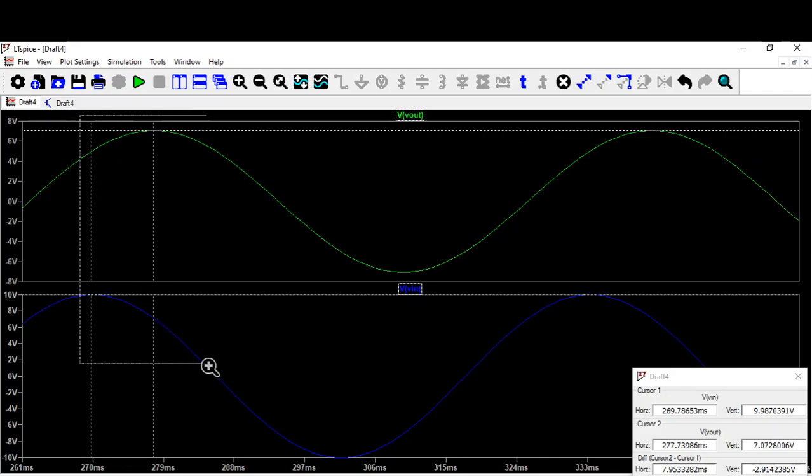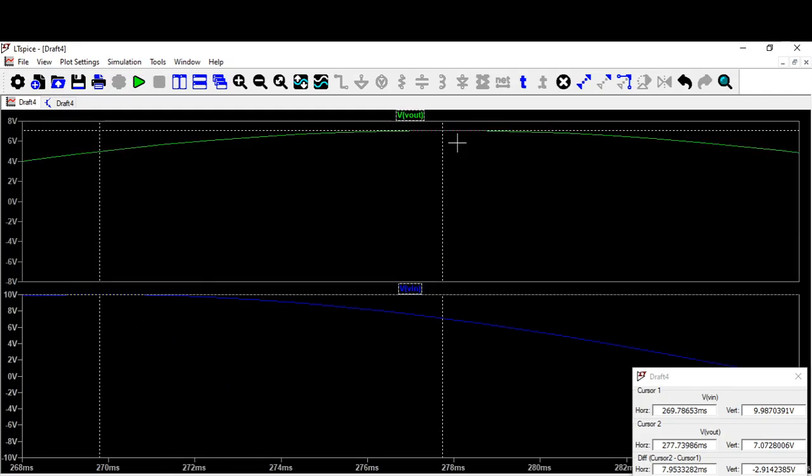Now I am putting one at the peak of this and the other at the peak of this. How much is the difference in time? It is 7.95 millisecond.